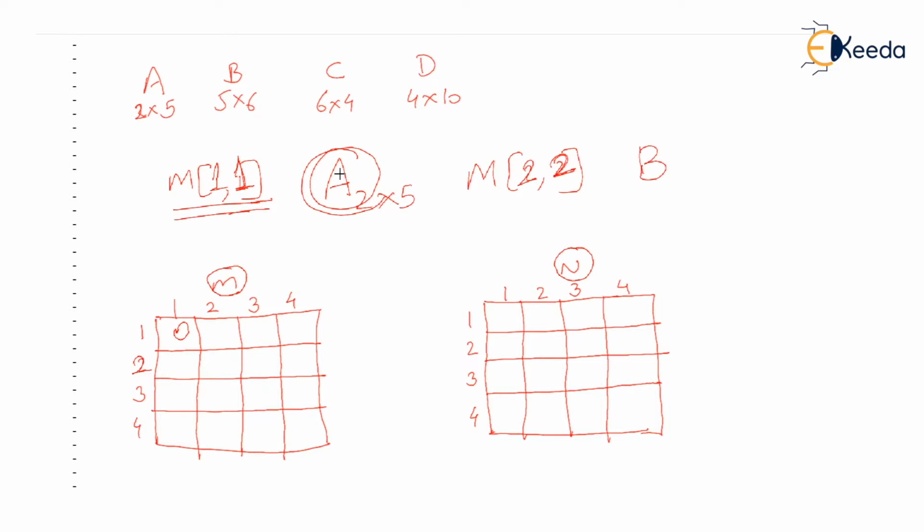Now come on, you will say there is only one matrix B and there is nothing to multiply. Then in that case, the number of multiplications needed to multiply all matrices from 2 to 2 is 0. Similarly, the number of multiplications needed when only the third matrix is given, 3 to 3, is 0, and 4 to 4 is 0. So all the diagonal elements over here are 0.